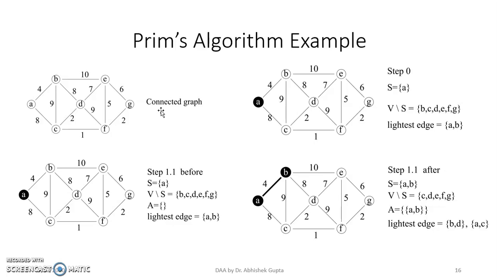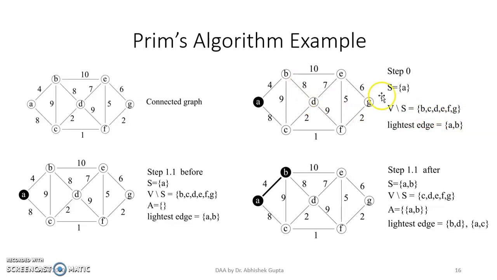Here I will start from A. So at step 0 I started from node A, and the remaining vertices are B, C, D, E, F, G. That's why it is written B, C, D, E, F, G here, right?